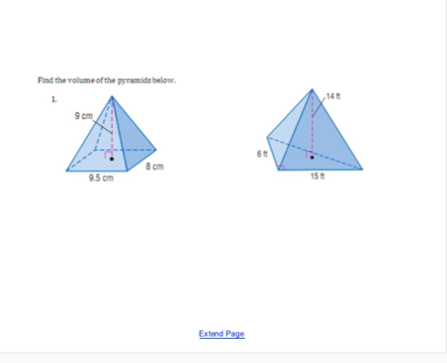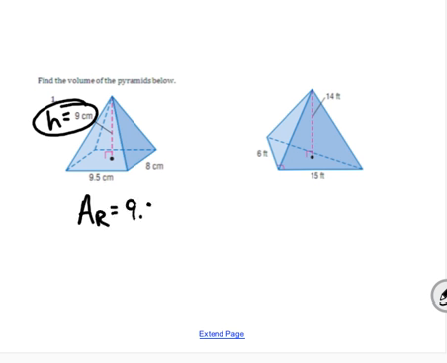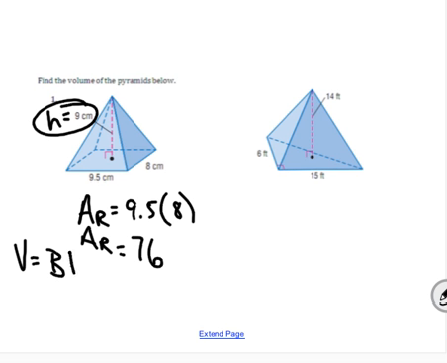If I looked at this one, I would say the height is 9. Now this is a rectangle, so the area of a rectangle is going to be 9.5 times 8, which is 76. Then volume is equal to capital B, which is our rectangle, times height divided by 3.